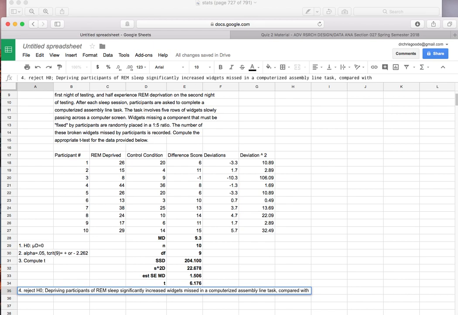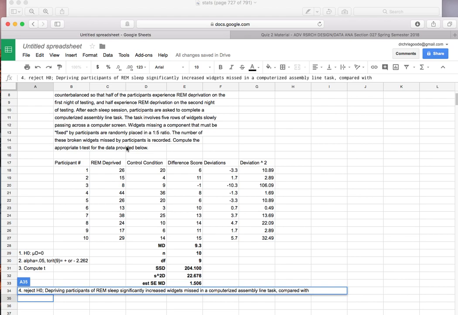Compared with not. Well, what are we comparing it with? What did they do? They woke them up at random. So how about compared with random sleep deprivation? Okay, so now the reader of the sentence knows exactly what was done in the study.